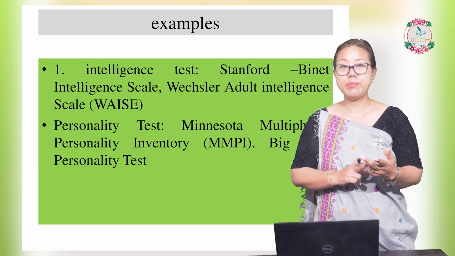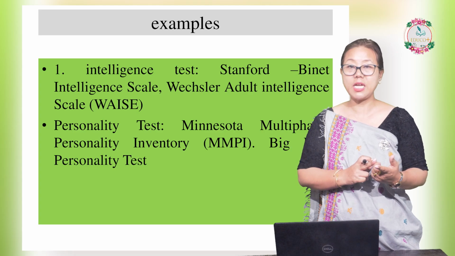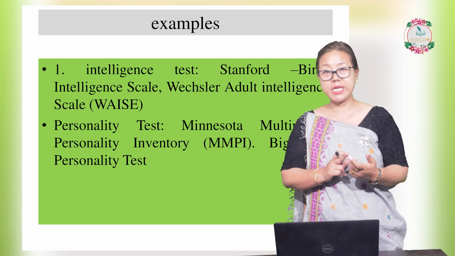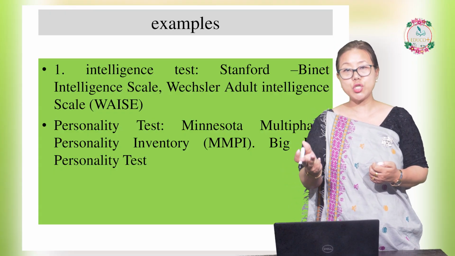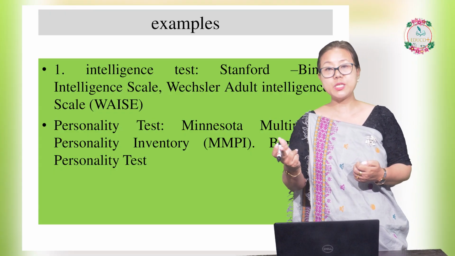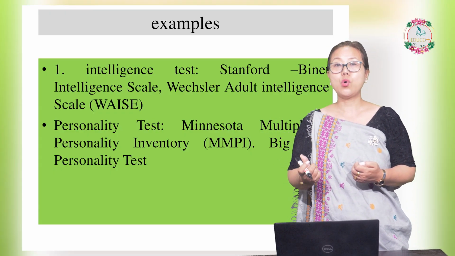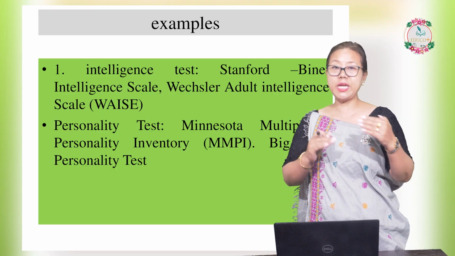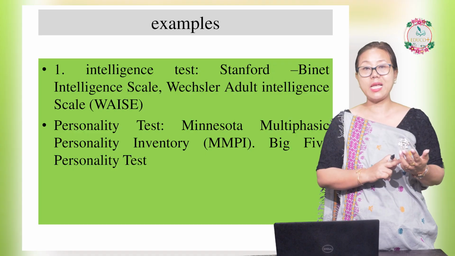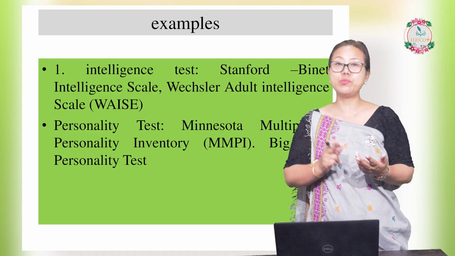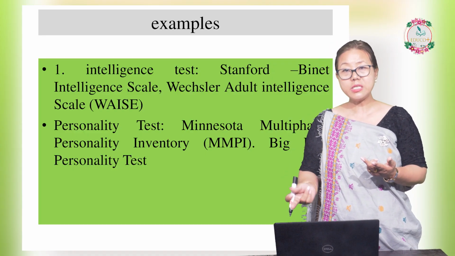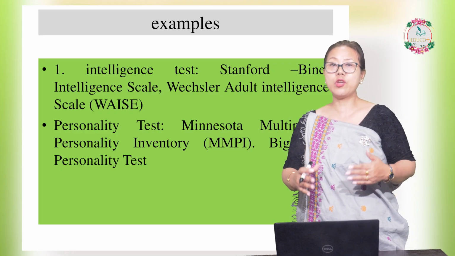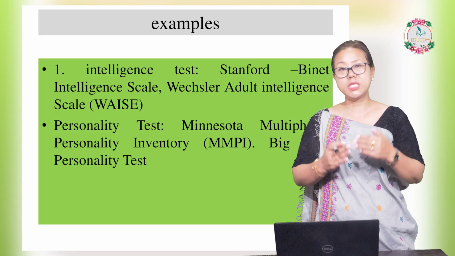Personality tests: Minnesota Multiphasic Personality Inventory, MMPI, Big Five personality tests. Projective tests like the Rorschach Inkblot test, Thematic Apperception Test, TAT. Aptitude tests like the Differential Aptitude Test, DAT. Achievement tests like SAT, or academic objective tests like internal tests and external examinations. All these are nothing but achievement tests.